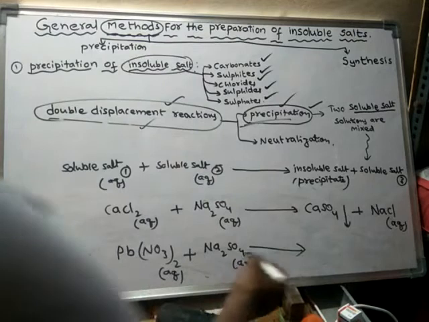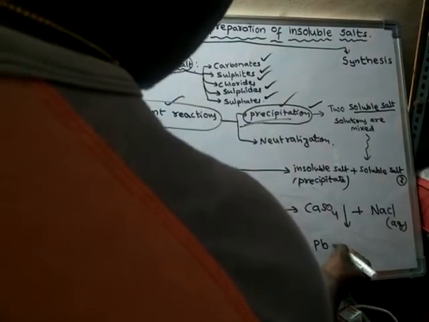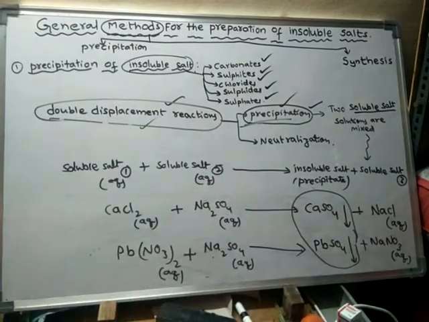to form lead sulfate, which is insoluble. Lead sulfate insoluble, downward arrow. Okay, and sodium nitrate, it is soluble, an aqueous solution. So in this way, some insoluble sulfate salts can be prepared.